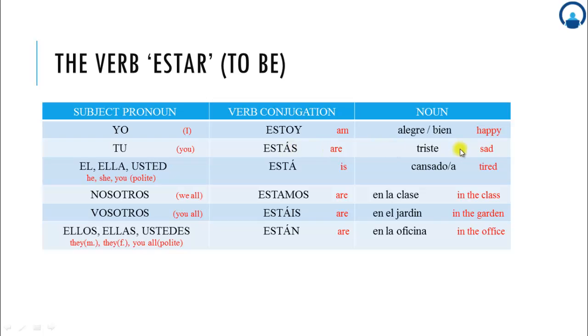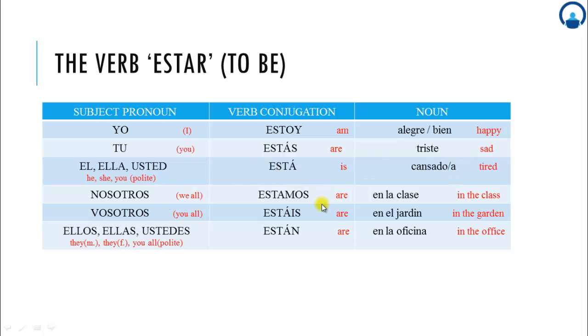You are sad. Tú estás triste. Él, ella, usted está cansado or cansada. Cansado means tired. Cansado is for masculine and cansada for feminine. So he or she is tired.